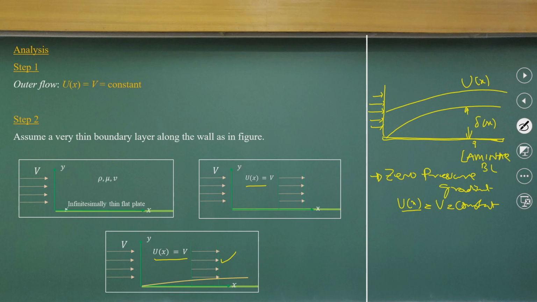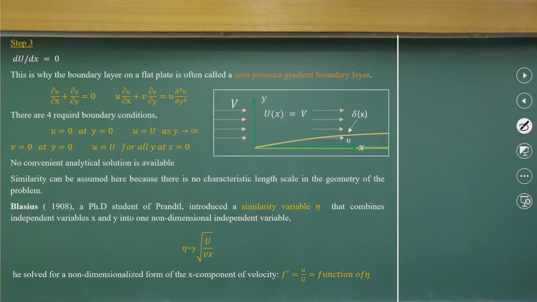Now, as we have the zero pressure gradient concept as a simplification, the x momentum equation is further simplified: the convective terms are equal to kinematic viscosity times del square u by del y square.